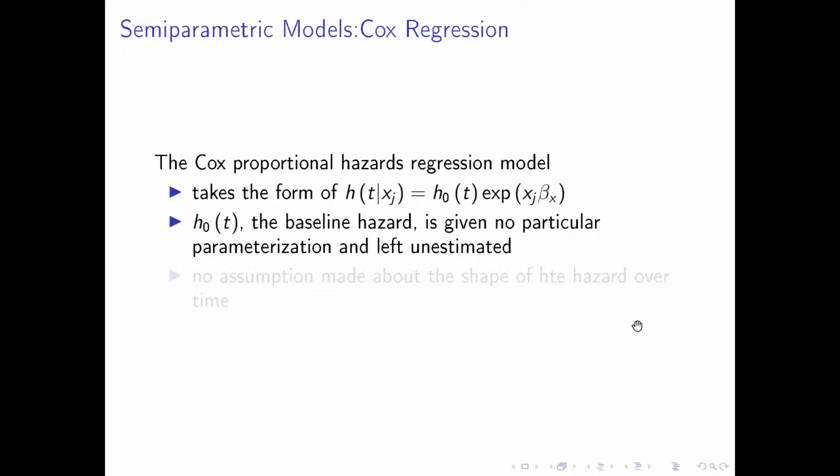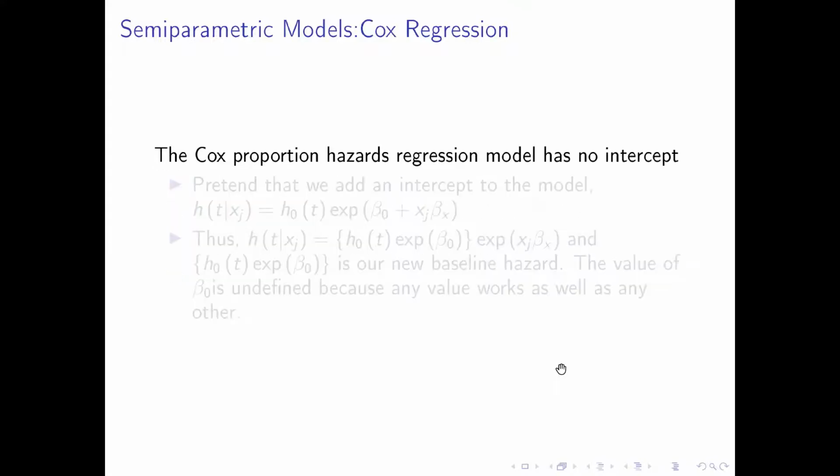That's the reason why it's called semi-parametric, because this part is non-parametric. No assumption is made about the shape of the hazard over time. So that's the non-parametric part of the Cox proportional hazard regression model.